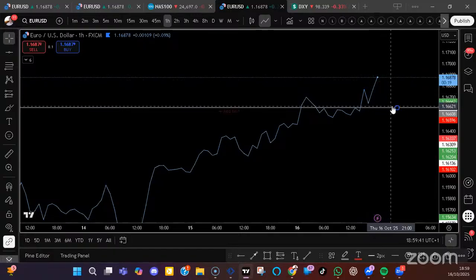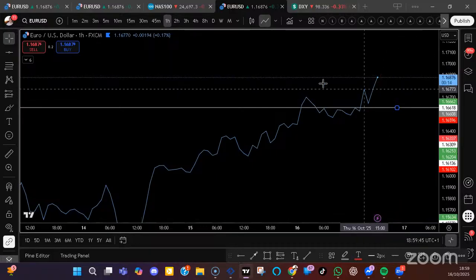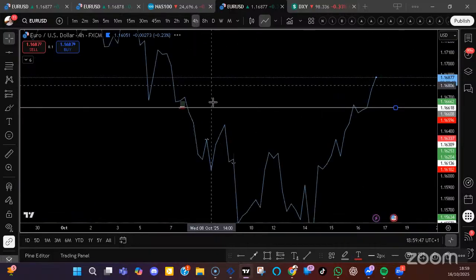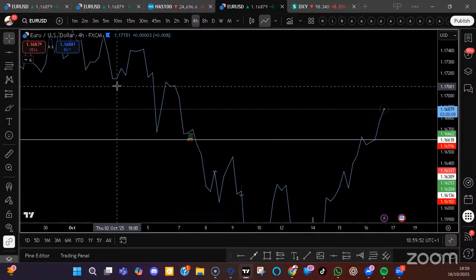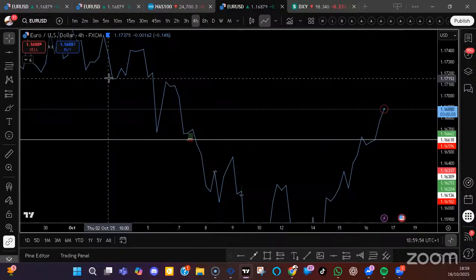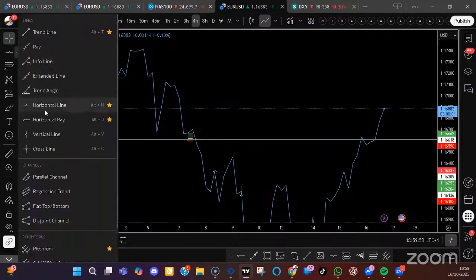Well, I say near, it's about 20 odd pips away, so not that near really. But so if we go on the 4-hourly, here is a prominent area. Yeah, here's a prominent area on the 4-hourly time frame for a price to head to.